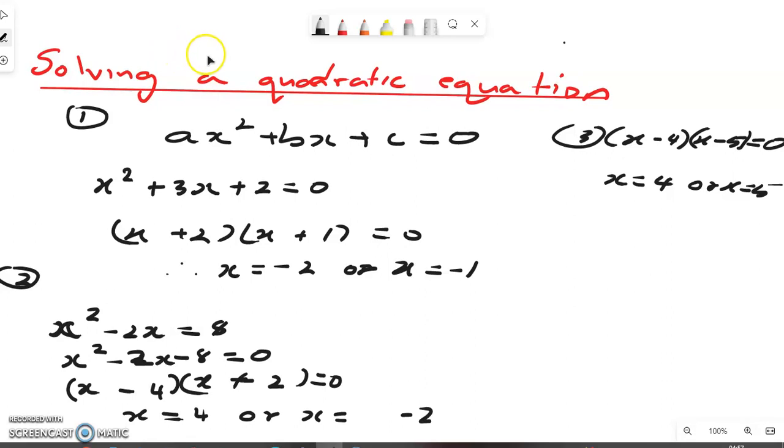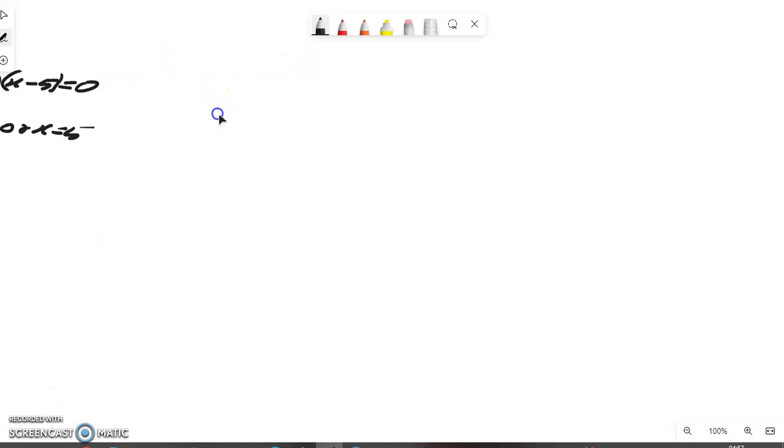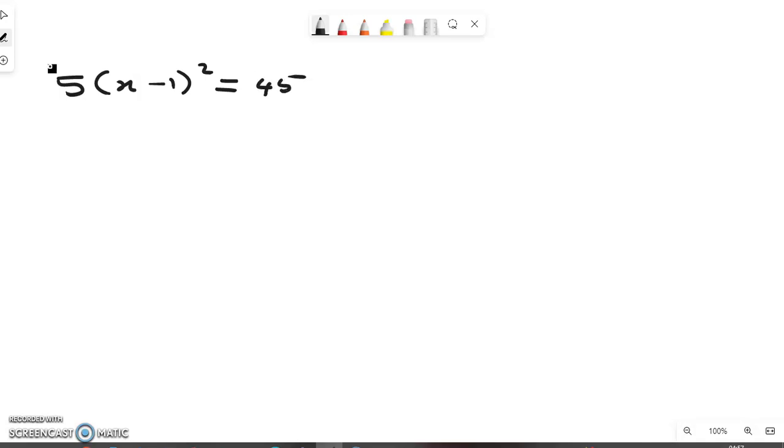Right, let us check our fourth example. For example 4 we are given 5 into x minus 1 all squared is equals to 45. We must write it in a standard form.